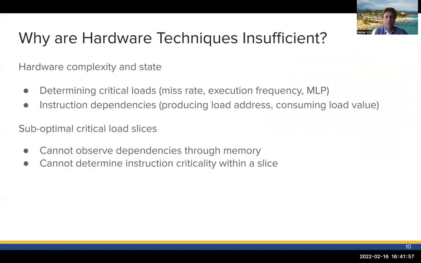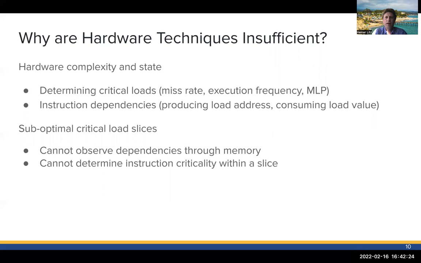Some more comments about why pure hardware and software techniques are insufficient. The hardware complexity as well as the metadata state required to implement CRISP as a pure hardware architecture is challenging. First of all, we need to maintain a significant amount of state to determine critical loads.